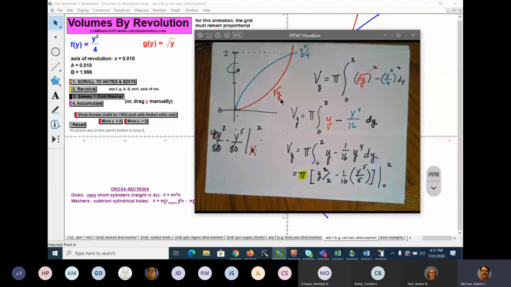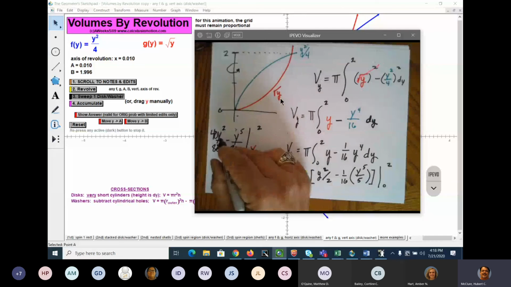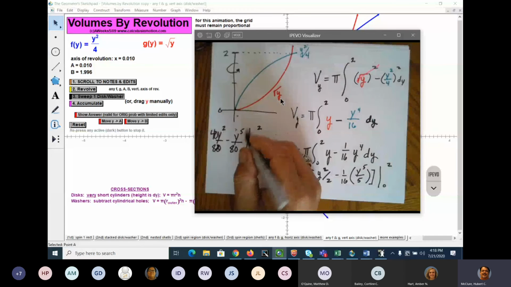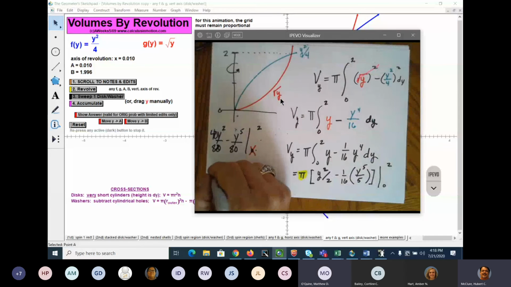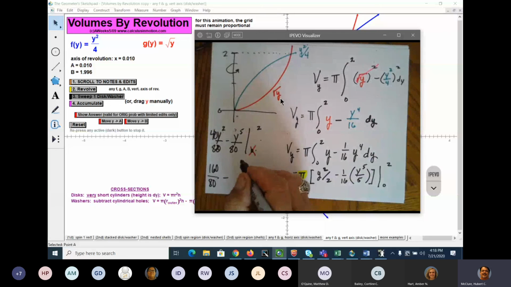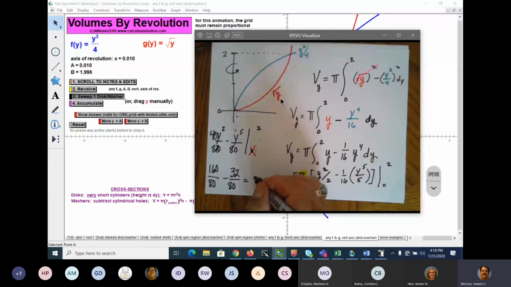So that's going to be 40 times 4. 2 squared is 4. That'd be 160, not 1600. So 160 over 80 minus 32 over 80, which is equal to 128 over 80.